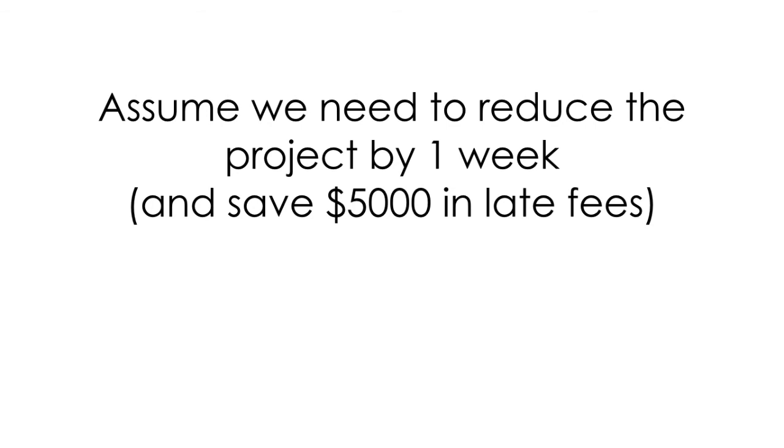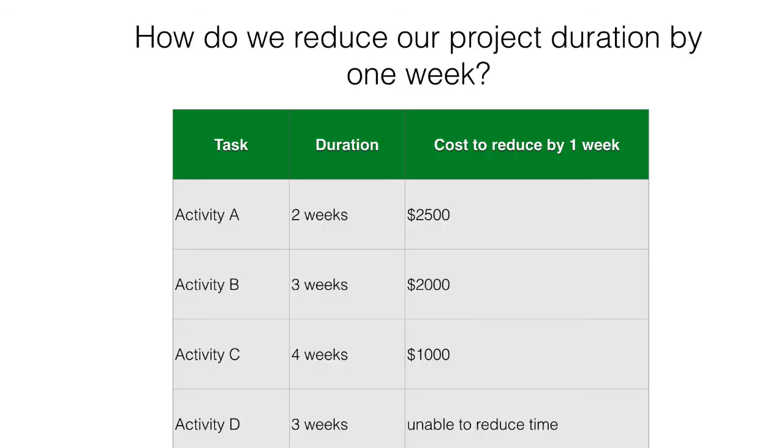In our example, with 4 activities, A, B, C, and D, assume we have costs associated with reducing each one of those activities by 1 week, as shown: $2,500, $2,000, $1,000, and D is unable to be reduced. We could consider this to be an extremely high cost.